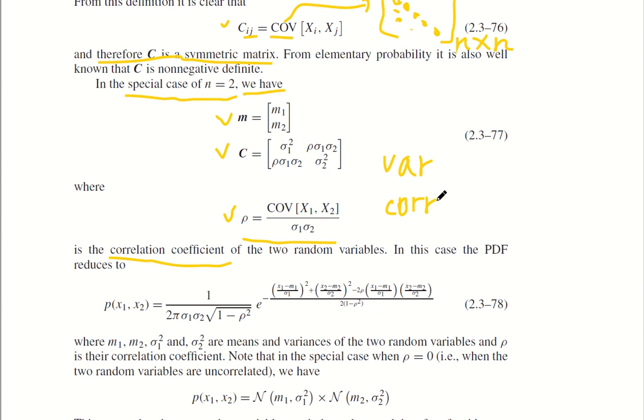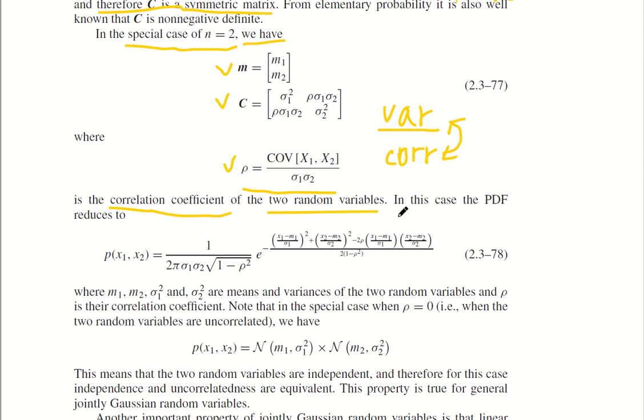They are related: covariance divided by standard deviation becomes correlation. So correlation is sort of a normalized version of covariance. Okay, so that's the way we can think about this. And we have this correlation coefficient of the two random variables.